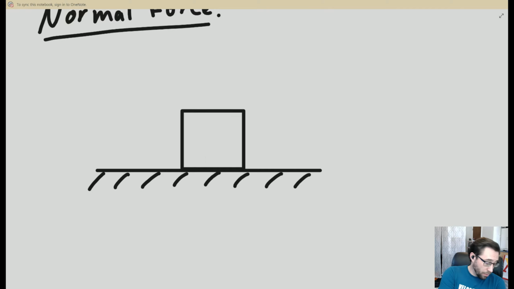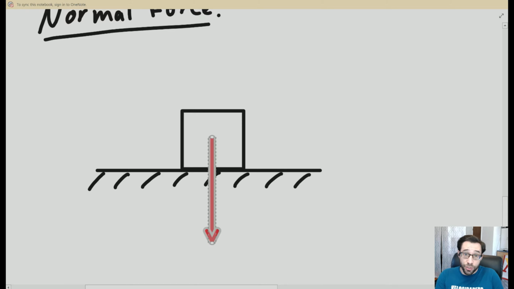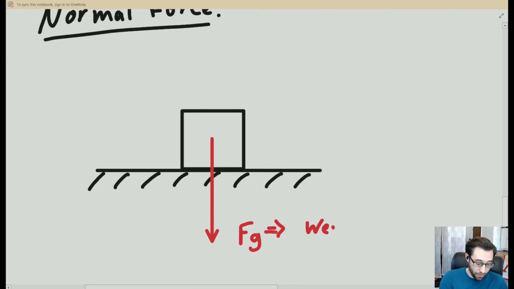So what we do is we represent that force due to gravity pointing down. Okay. So this is the force due to gravity. And in everyday speech, we refer to this as weight. Okay.